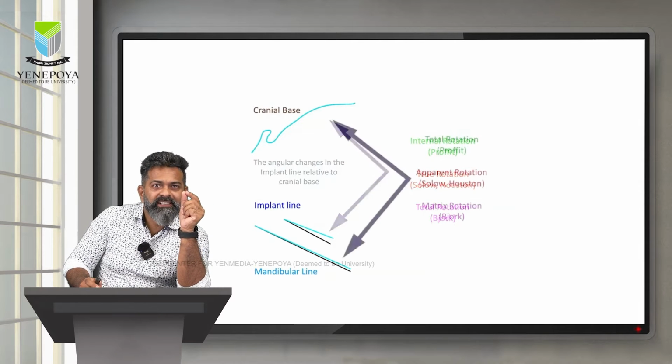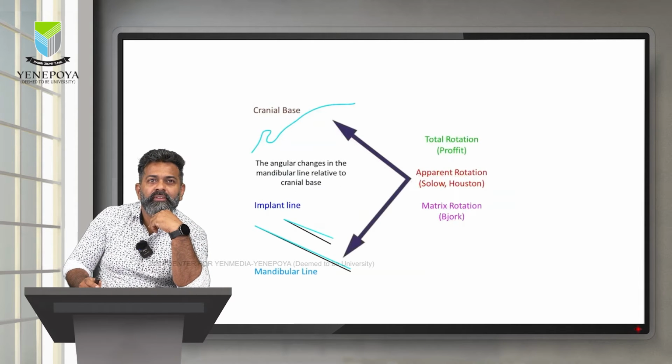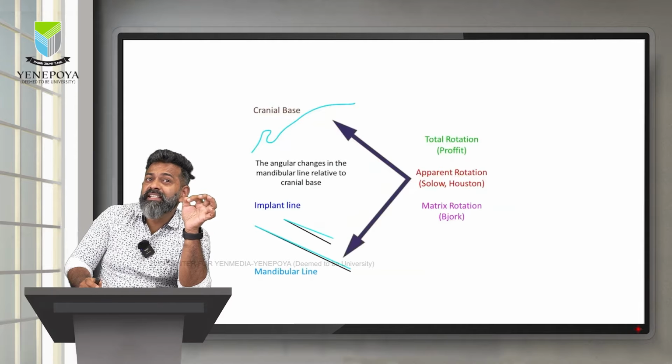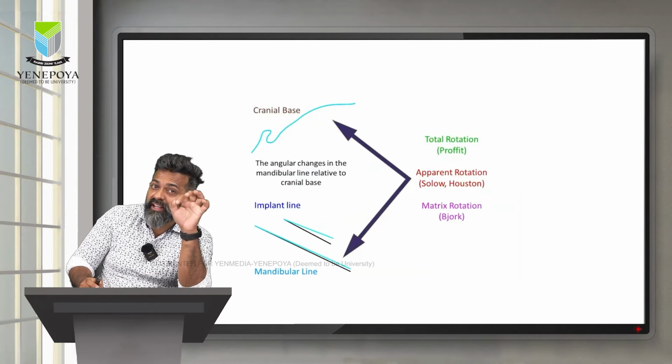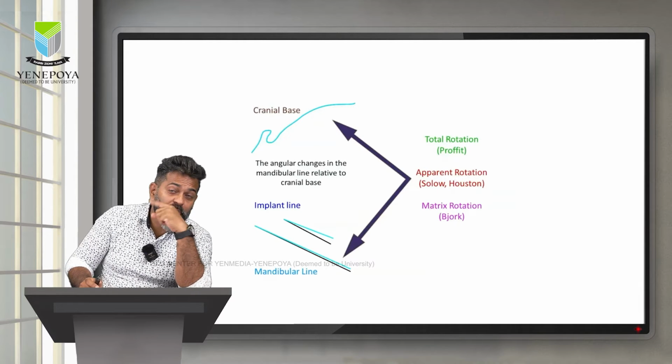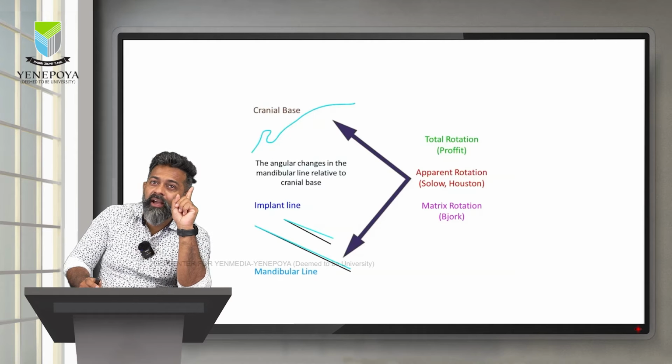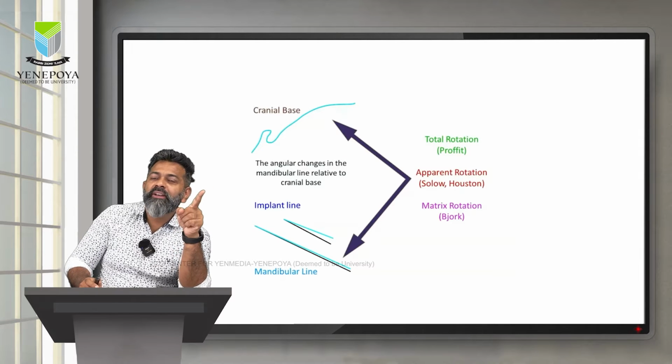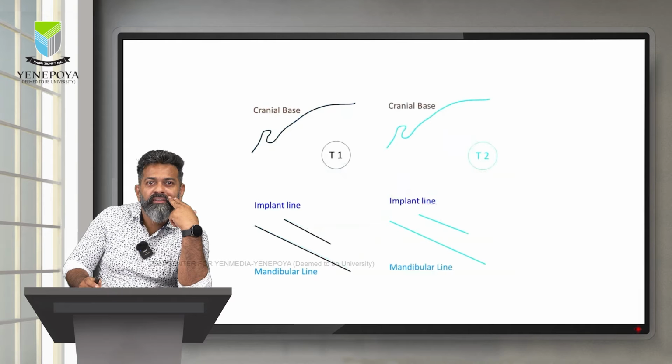Now, angular changes in the implant line to the cranial base. When there are angular changes in the mandibular line relative to the cranial base, it was called total rotation by Profit, apparent rotation by Solow or Hudson, and matrix rotation by Bjork.